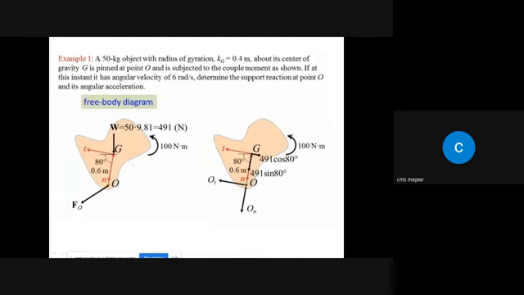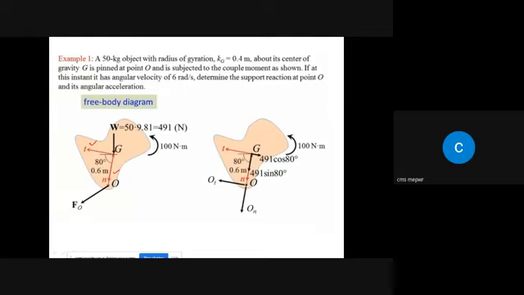For rotation, we have just discussed that the normal-tangential coordinate system will be preferable. So let's draw our coordinate system. Let this one be the tangential T, and the normal one will be definitely perpendicular to it, that is N.